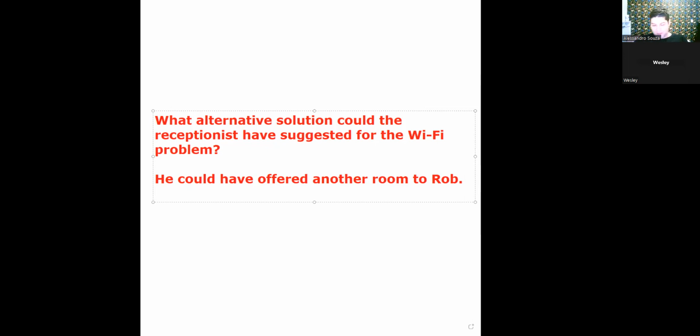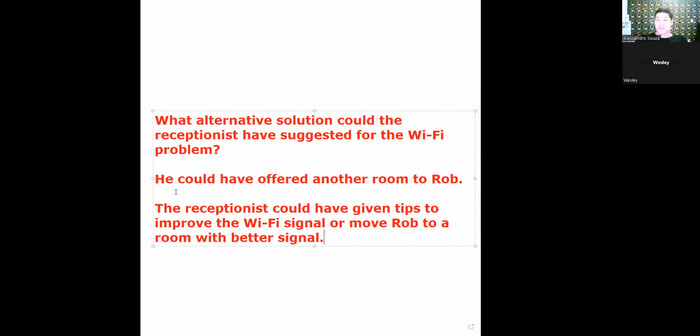Yeah. Uma resposta talvez um pouquinho mais elaborada poderia ser The receptionist could have given. A mesma estrutura que a gente usou na resposta anterior. Could have given. Esse given é o verbo dar, né? Give, gave, given. Então seria dado. Então o recepcionista poderia ter dado tips. Sabe o que é uma tip?